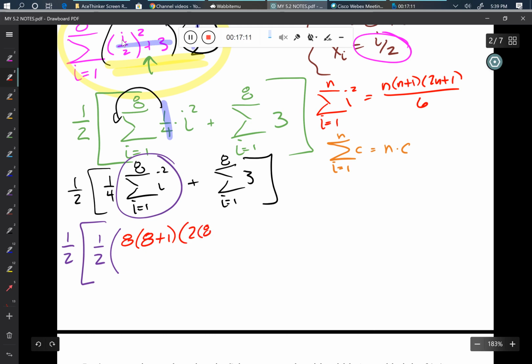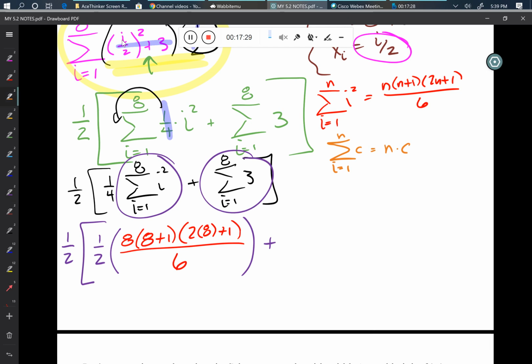So that's going to be 2 times 8 plus 1. And then all of that gets divided by 6. Plus, now this second summation there, that's going to get the orange formula applied to it. So plus, well, n times c, that's just going to be 8 times 3, right?